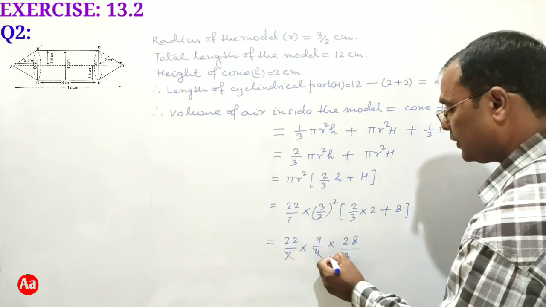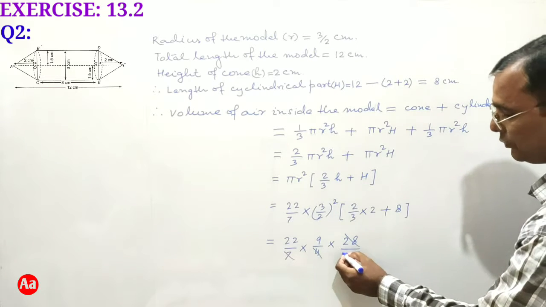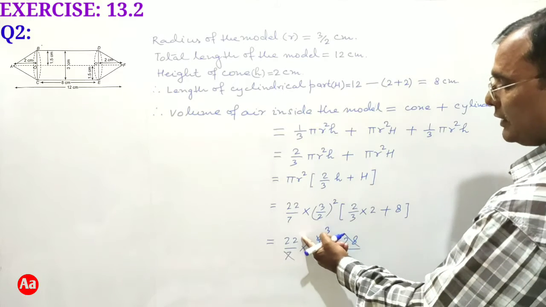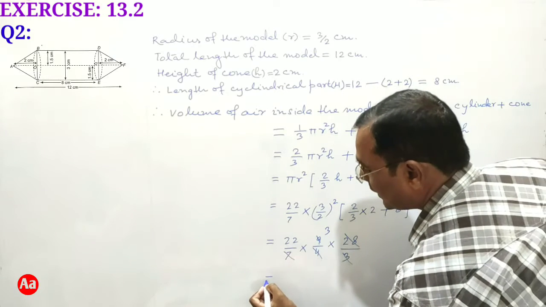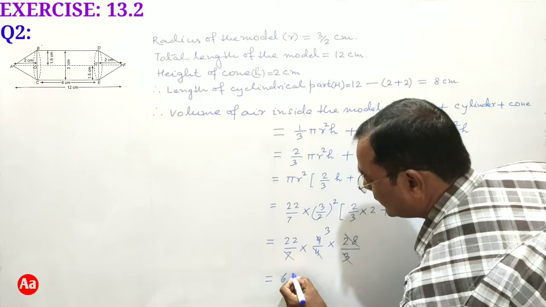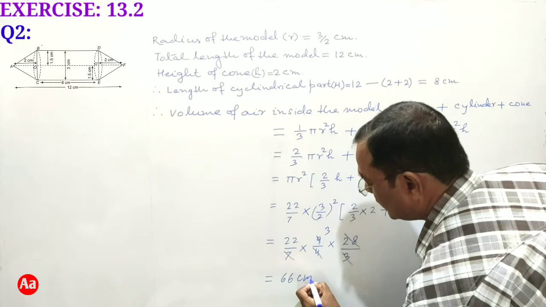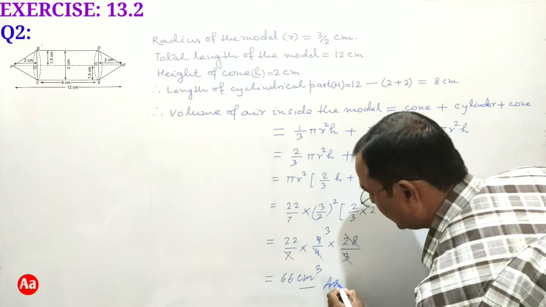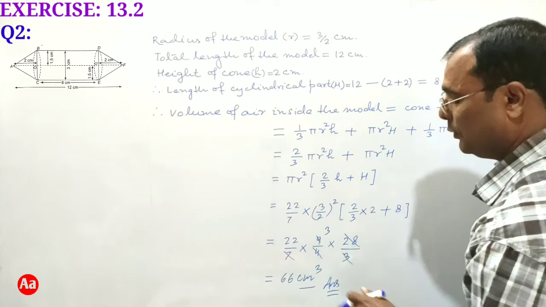So 7 4s are 28 cancelled, 3 times 9 cancelled, 22 into 3 is left out and it is equal to 66 centimeter cube. This is the volume of air contained in the model and this is the answer.